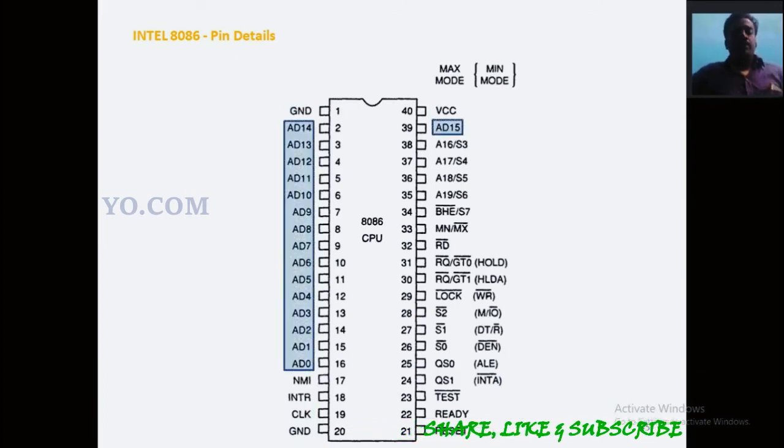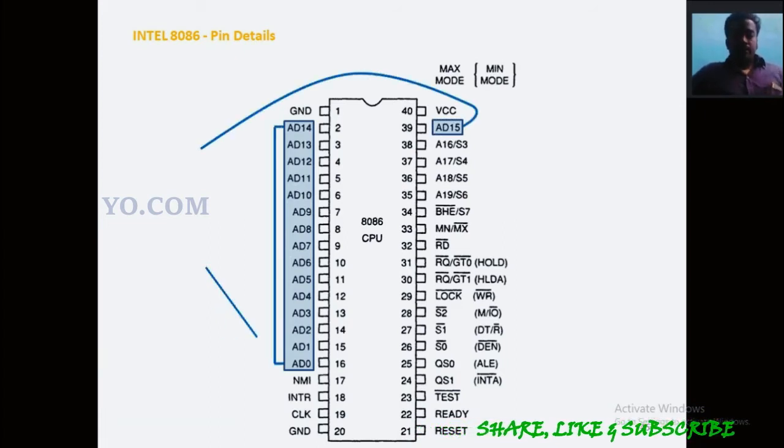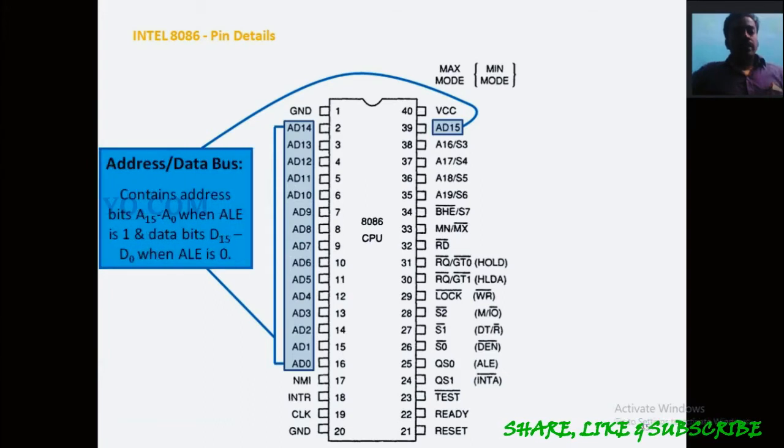address lines. What is AD? AD means address or data bus. What is a bus generally? The bus carries passengers.